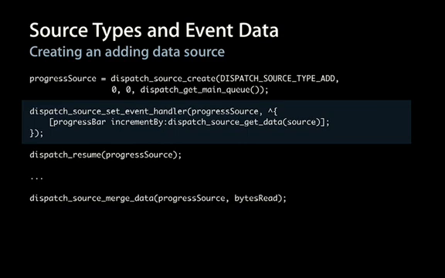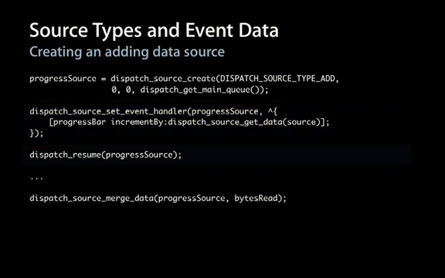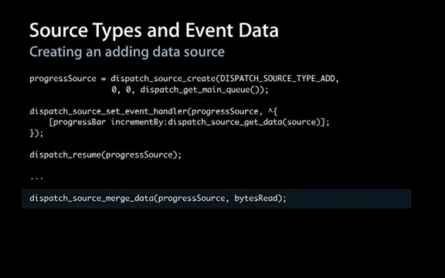So perhaps we have a progress bar that's reflecting how many bytes of a file we've processed. Well, we resume the source, we get it running, and then somewhere else in the application, probably in your I/O queue, you can call dispatch source merge data. And every time you read another chunk of data from the file, let's say we've processed another 500 bytes, well, we can just merge 500 into the source.